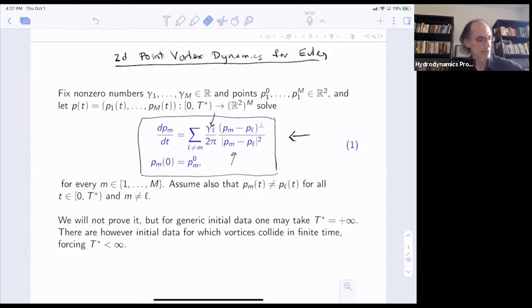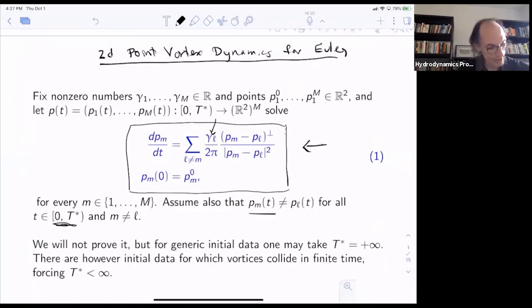It won't happen right away, for sure. So let me assume that I have some interval from 0 to t star, such that on this time interval no two vortices ever collide. And let me also remark that for generic initial data, you will never see a collision. This ODE has a solution for infinite time.